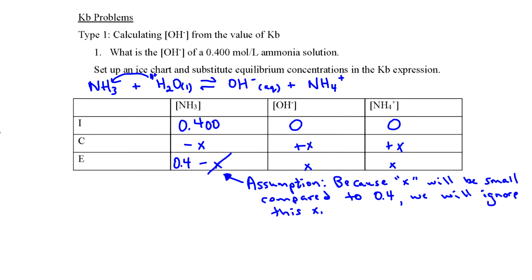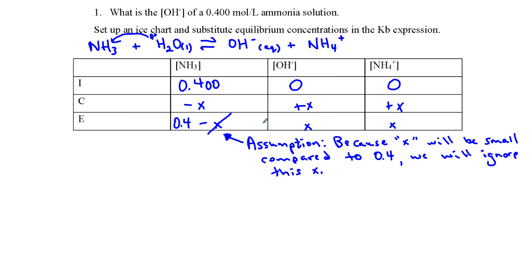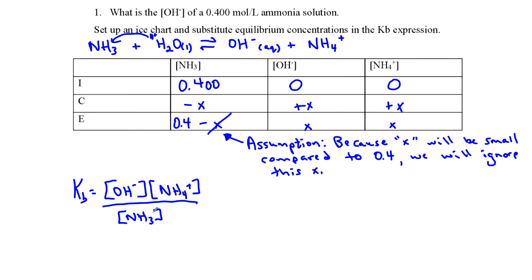Okay, so now we're going to go about solving for Kb just like we would solve for Ka. I'm going to set up my expression: the OH negative concentration multiplied by the ammonium ion concentration, divided by the concentration of ammonia. Now, let me see here.